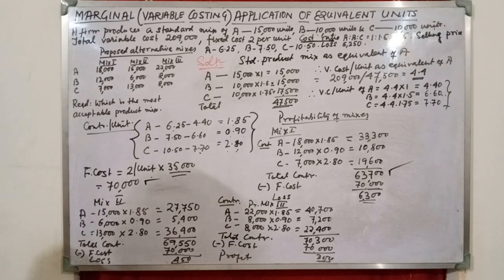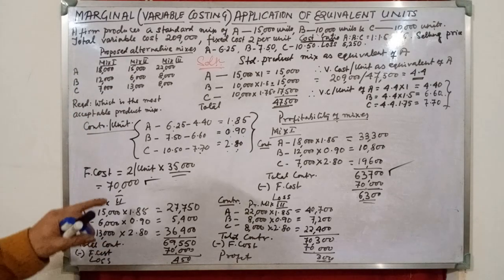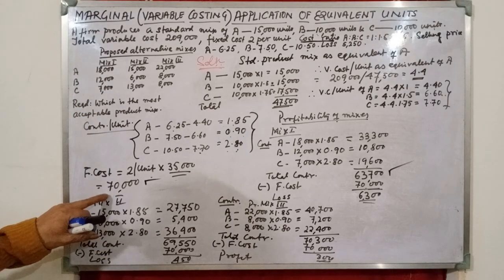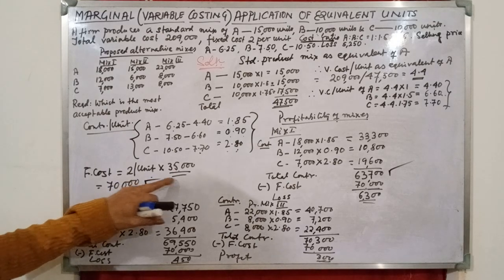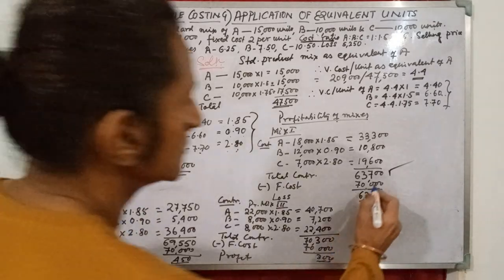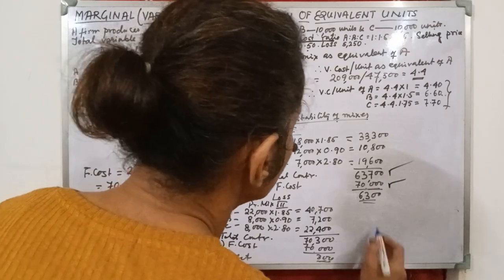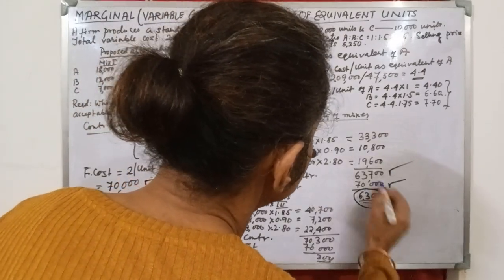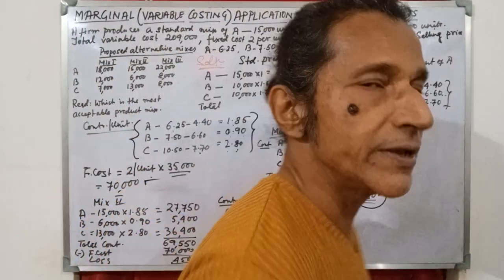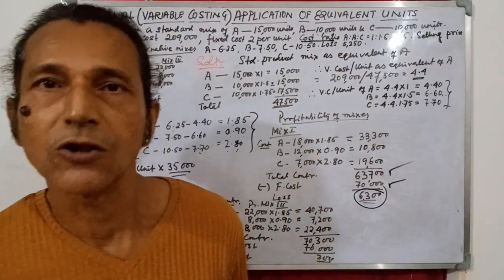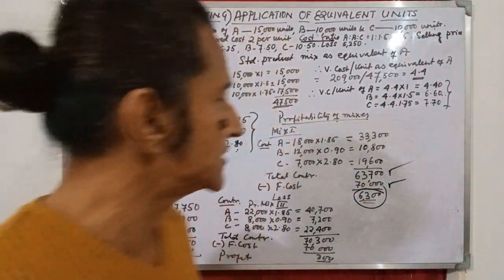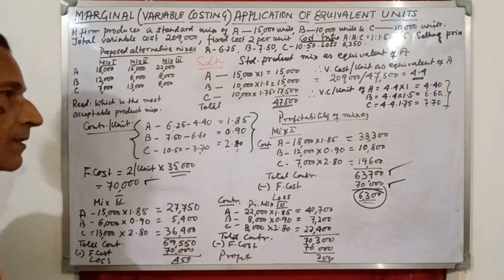From there we deduct the fixed cost which we have calculated as 70,000, that is 35,000 into 2. So we get a loss of 6,300. That means product mix 1 is giving a loss of 6,300 to the firm.